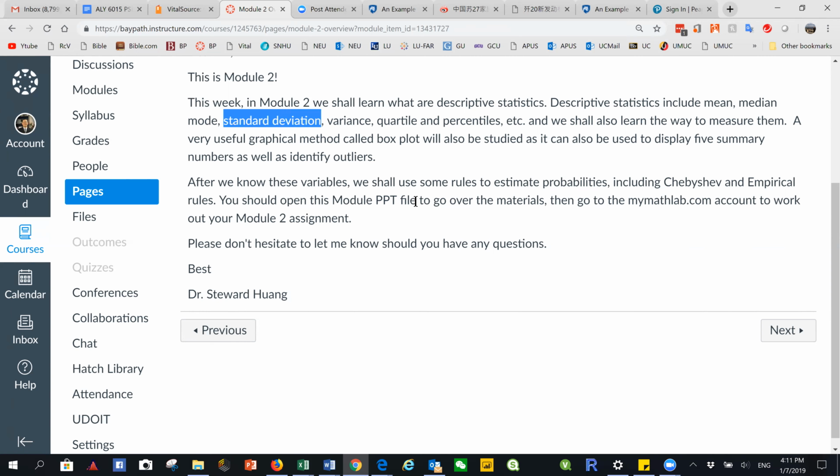There are different formulas which you will see in the PowerPoint, and we will come back and take a quick look at them after we finish covering the assignments. To get the standard deviation, you need to calculate the variance first.